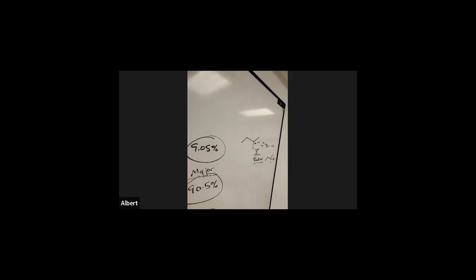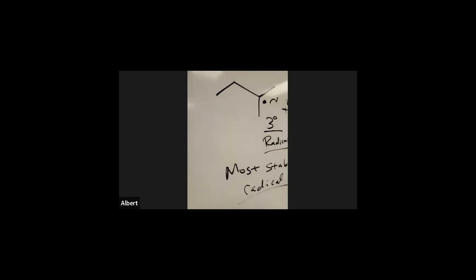Probably should have gone through the mechanism. When I post the notes, I'll put the mechanism in there. So it's that tertiary radical, the most stable out of all of them. That's why you get more of that than any of the others, because radicals and cations follow the same stability trend. That's my most stable radical.